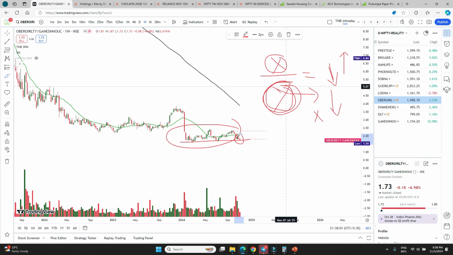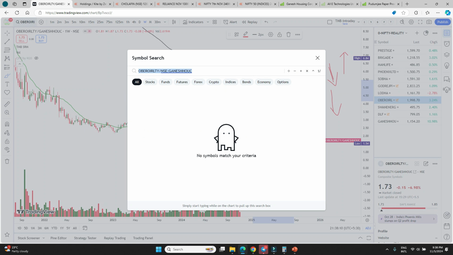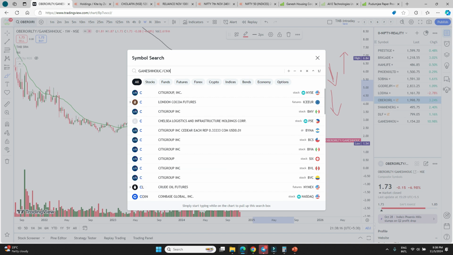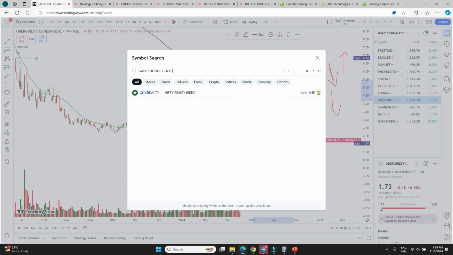Compared to both, Ganesh Housing is the outstanding performer. Now let me take Ganesh Housing against the realty sector, CNX Realty.